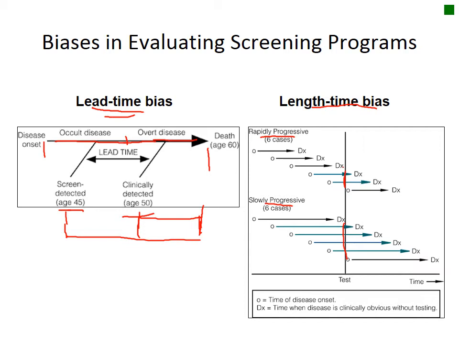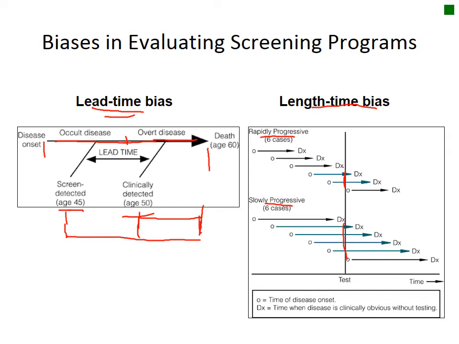So this lead time bias is kind of fuel for those who might have issues and want policies that are kind of anti-screening, if you will.